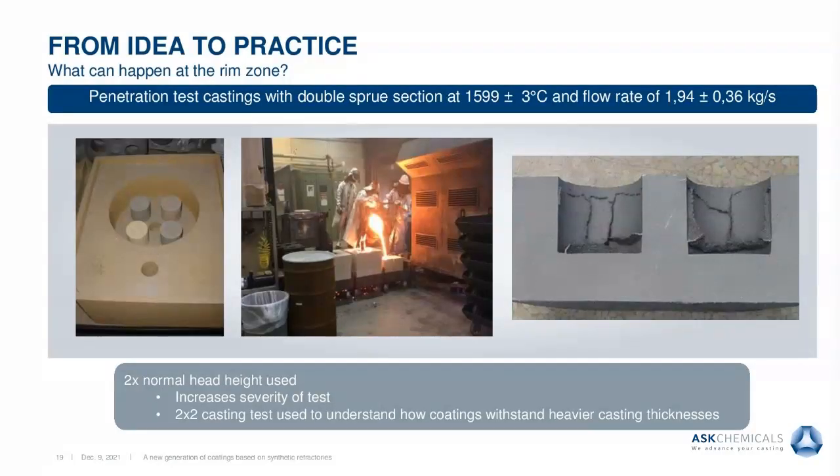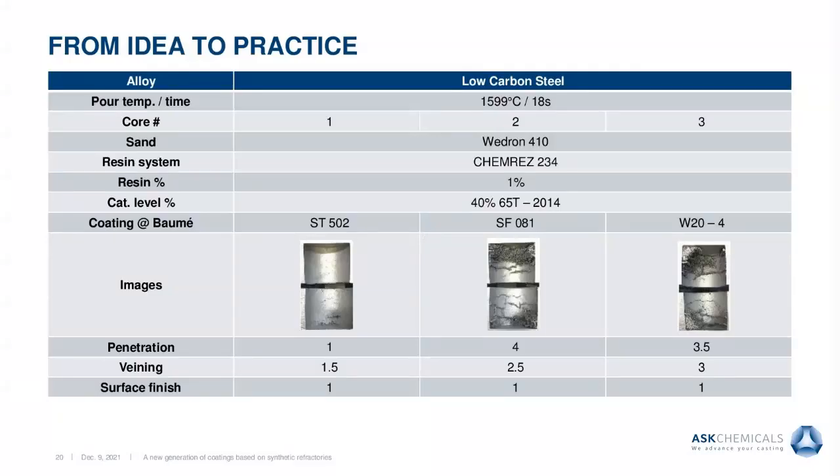After that, these dried cores are inserted in a so-called 2x2 mold, which shows a relatively high metal to sand ratio, so that we can, let's say, adapt the situation like you have in the foundry. Then this mold was poured at 1600 degrees with a flow rate of about 2 kilograms per second. And the castings have been sectioned and ranked.